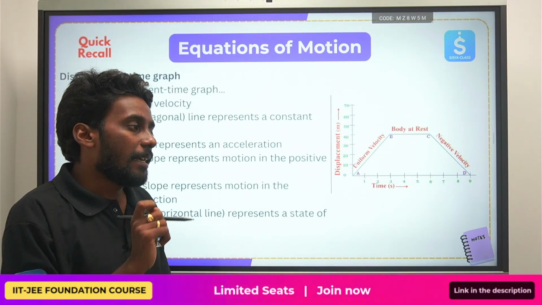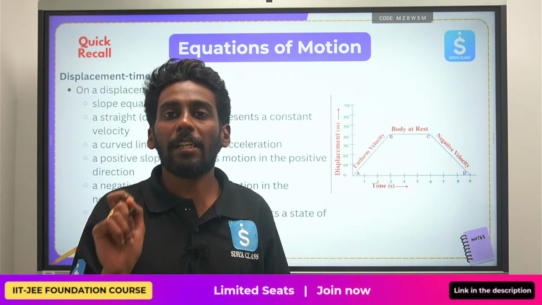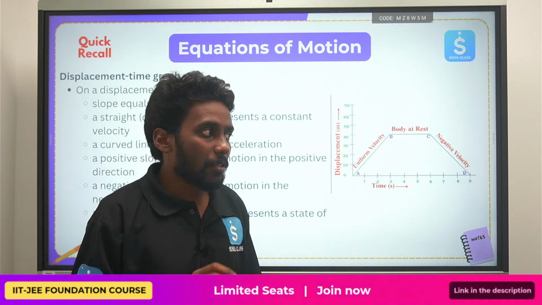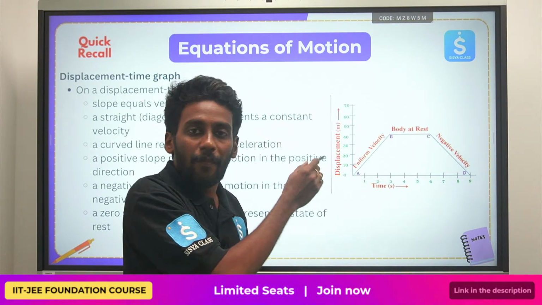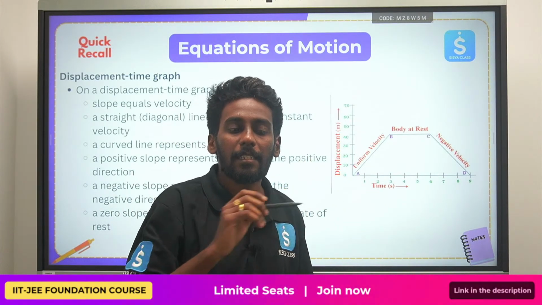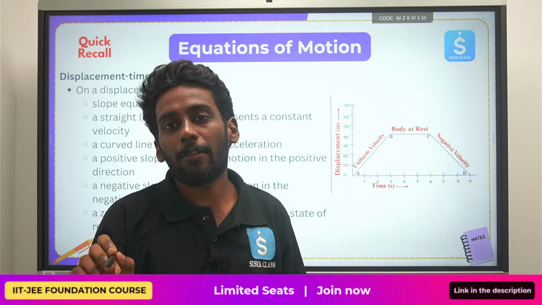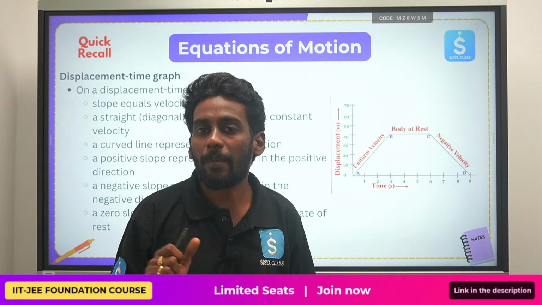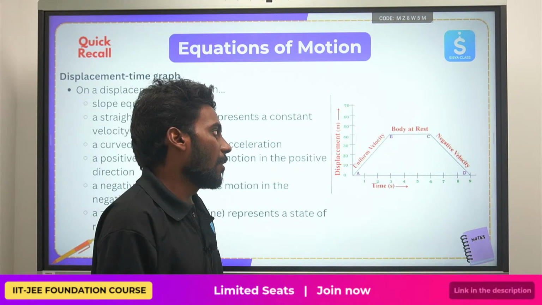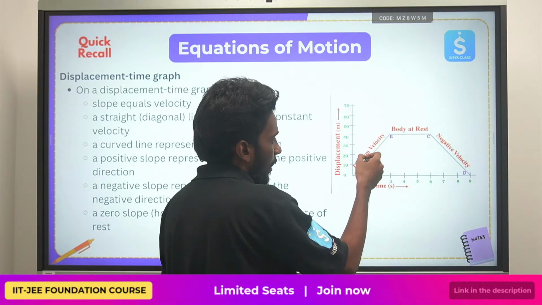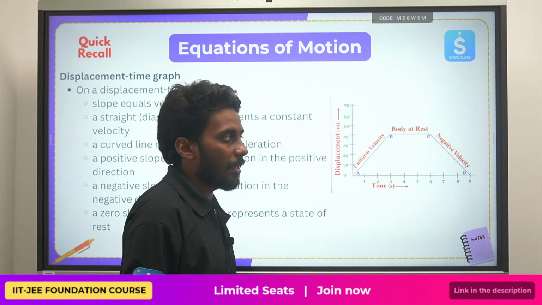Its velocity is not changing with time. In this case the object is said to be in uniform motion, and its acceleration is 0 meter per second square, because the rate of change of velocity is not changing with time.